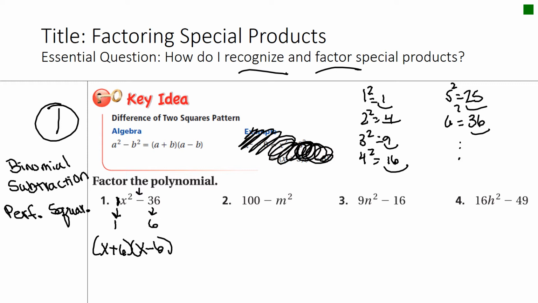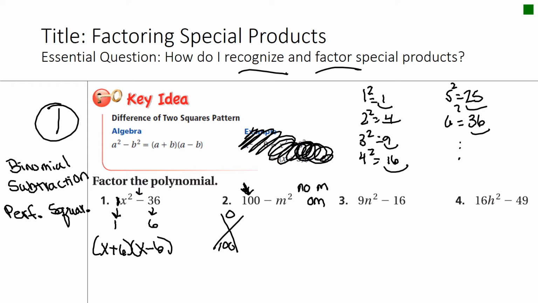In example 2, do you see how it's a binomial? There is no m, which means it's 0m. When we're going into our diamond, our b is 0 because there is no m, and our c is still 100 because this one isn't written in standard form.